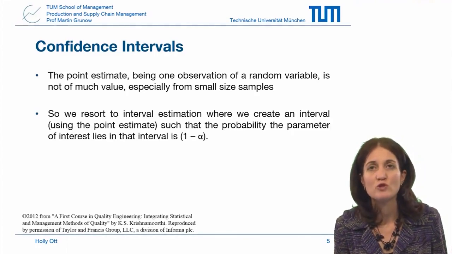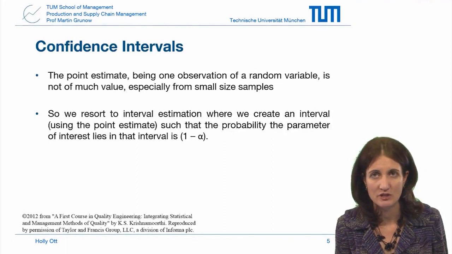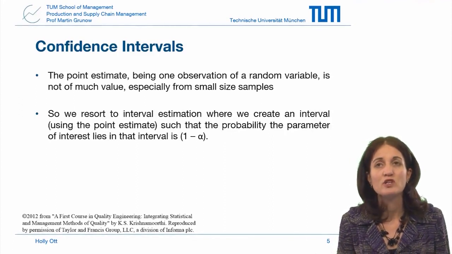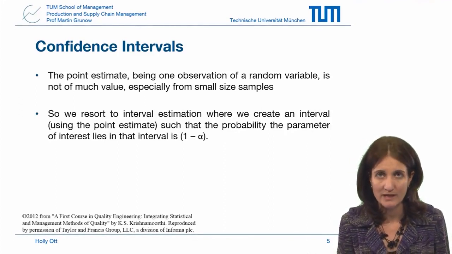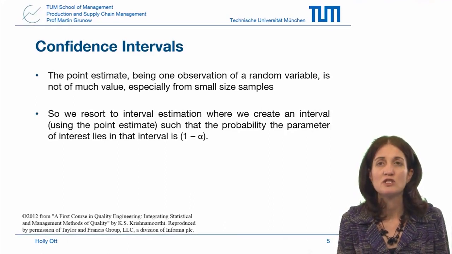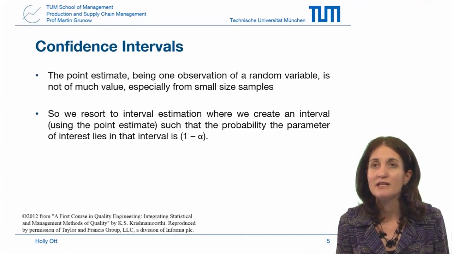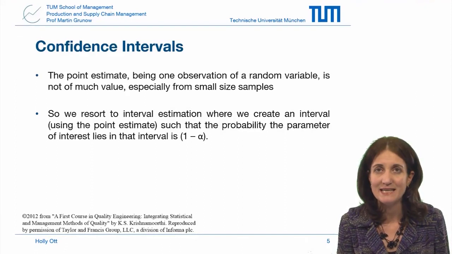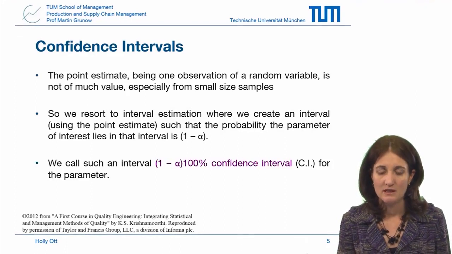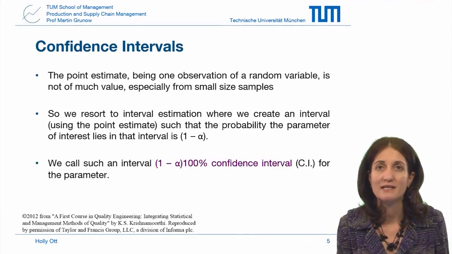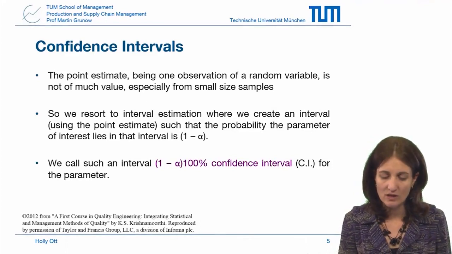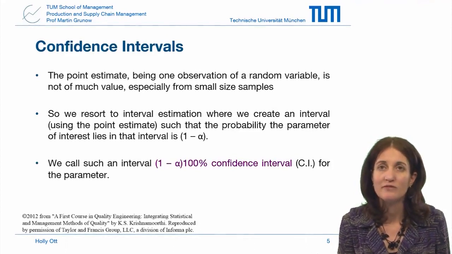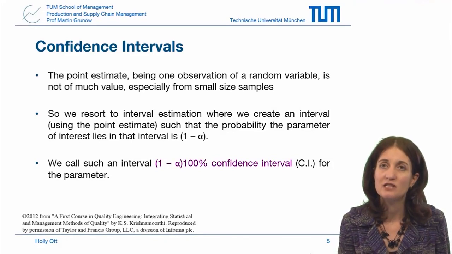So we need to resort to interval estimation, in which we create an interval around our point estimate, such that there's a certain level of confidence, say 95% or 99%, that the parameter we are seeking lies in this interval. The level of confidence is called 1 minus alpha, and we call the interval a 1 minus alpha percent confidence interval, or CI, for the parameter.